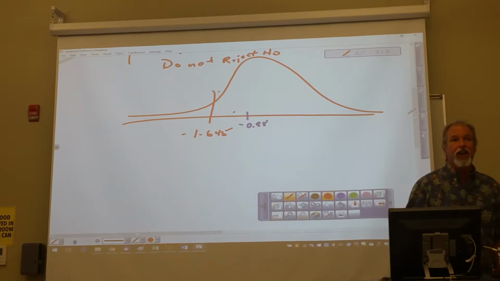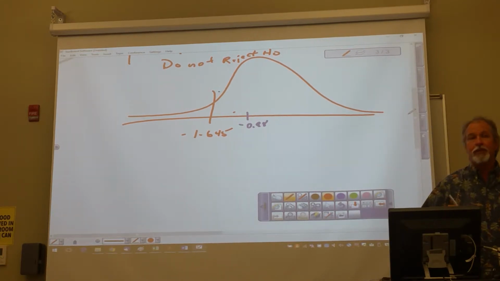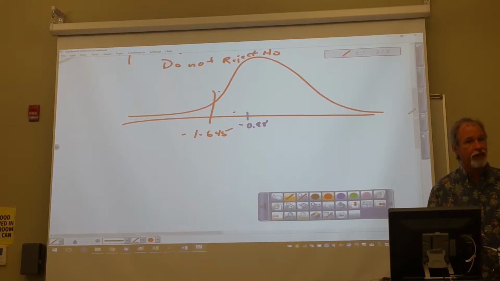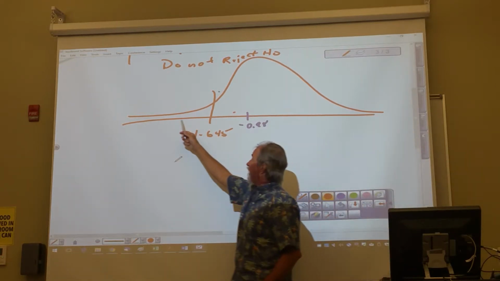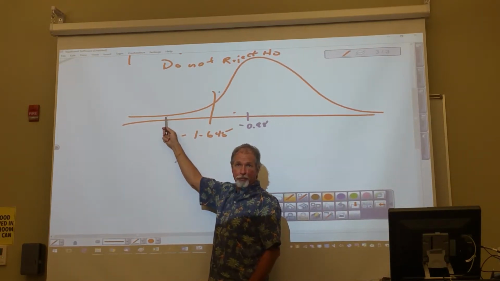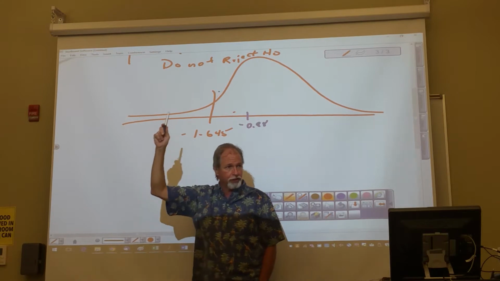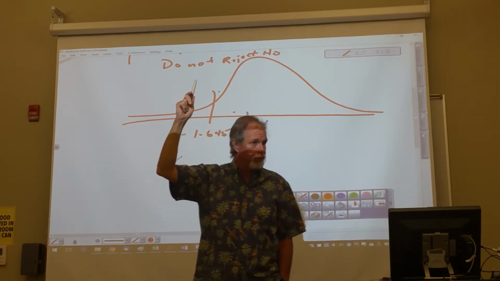Now, the other way of doing that is I can compare the p-value and the alpha. And it's just the opposite. Because if I have a number out here, is my p-value going to be big or small? The farther I go out into the tail, is my p-value large or small?